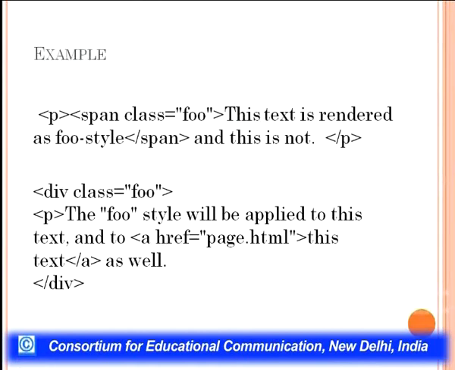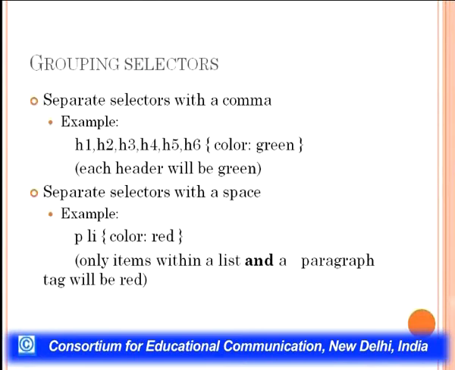And similarly you can create a division tag, create the same class and give some text in that. In the output, in case of division you will see that there is a line break which comes and the class is applied to it, whereas in case of a span tag you will see that the line break or the gap like a BR or a paragraph tag will not come.